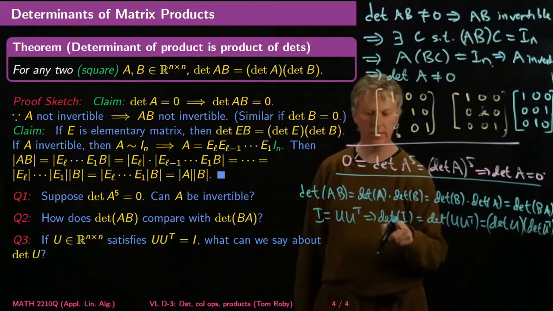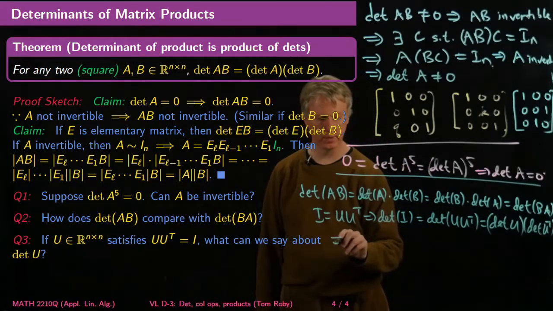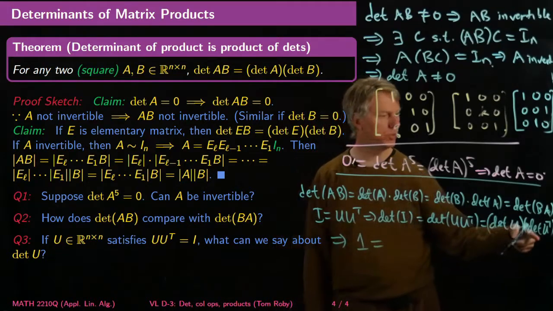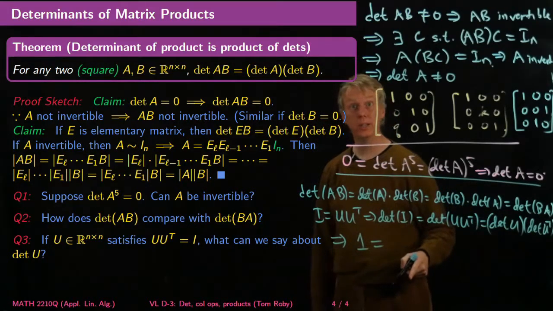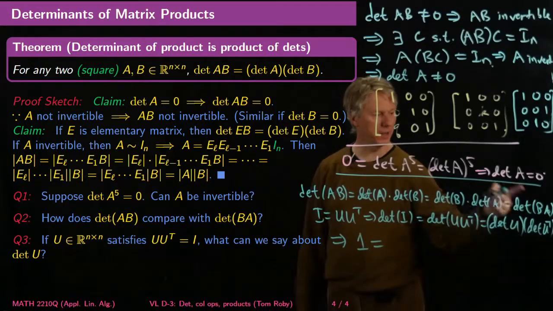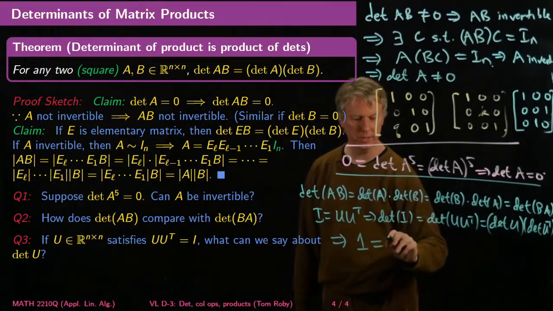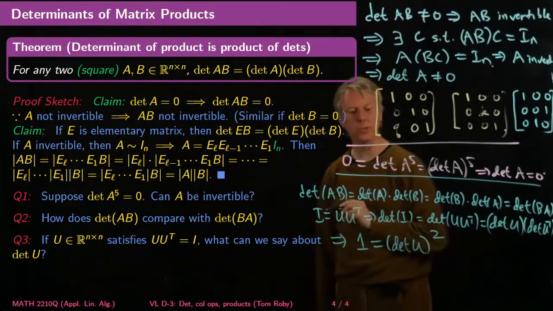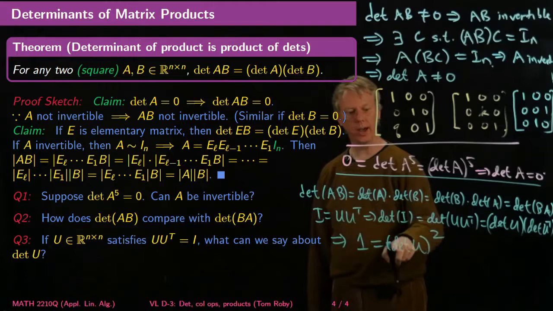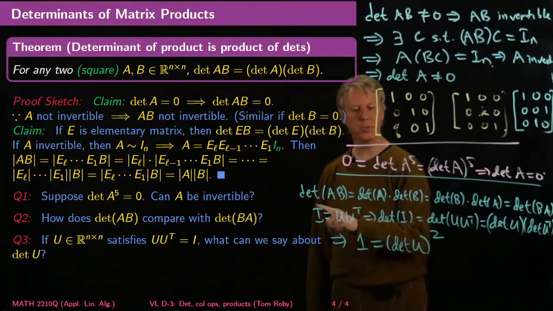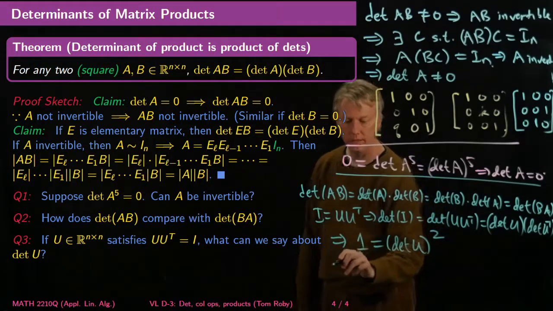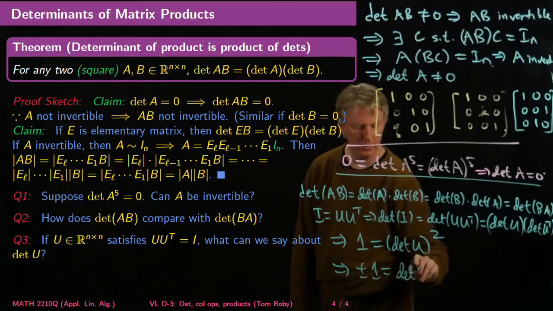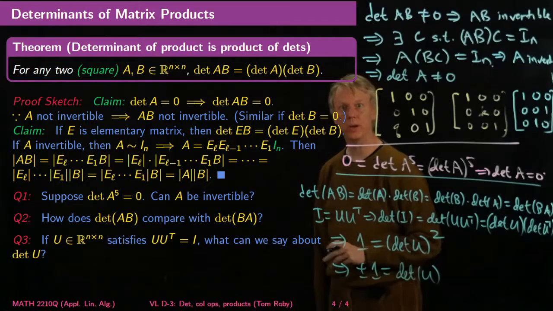Well, what's the determinant of the identity matrix? That's just 1. So that means that 1 has to be equal to the determinant of U times the determinant of U transpose, but we just saw earlier that this is equal to the determinant of U. So this is just equal to the determinant of U times itself, so the determinant of U squared. So now I've got this thing is some real number. When I square it, I get 1. What could it be? Well, the only possibilities are that the determinant of U is plus or minus 1.